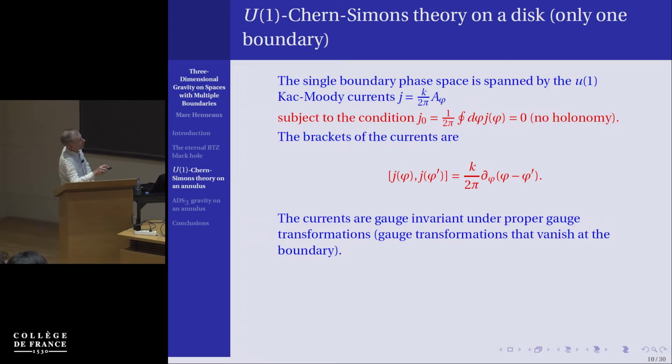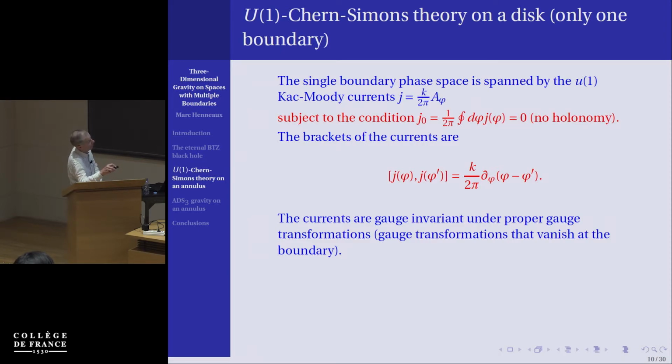Now, it was the way we arrived at these currents that we were looking for the observables. That means that we were looking for the quantities in the Chern-Simons theory that were gauge invariant under the proper gauge transformations, those that correspond to a true redundancy, that do not change the physical state of the system, and these are just, in that case, the gauge transformations that vanish at the boundary.